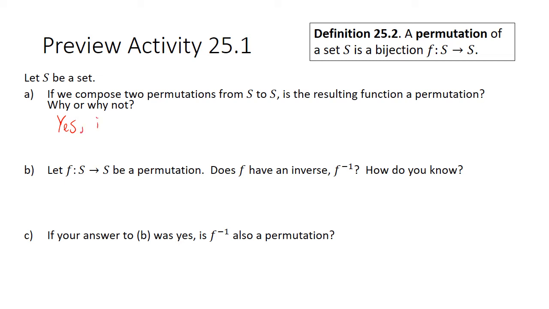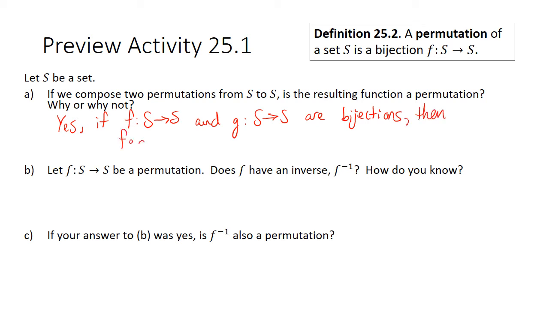If F from S to S and G from S to S are bijections, we had a theorem in Appendix A that tells us that F composed with G is a bijection as well. And furthermore, it will have the same domain and codomain, S and S.